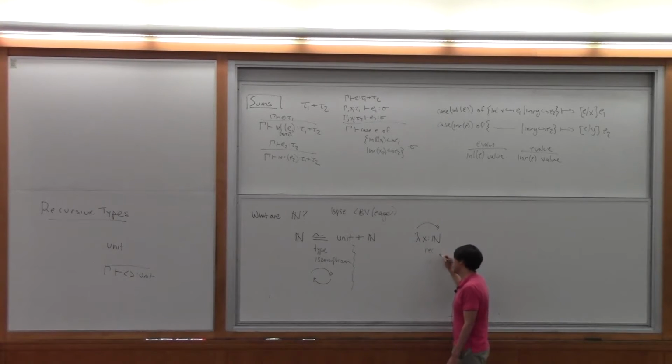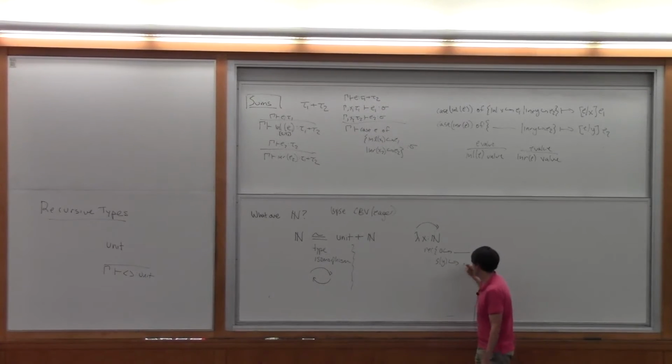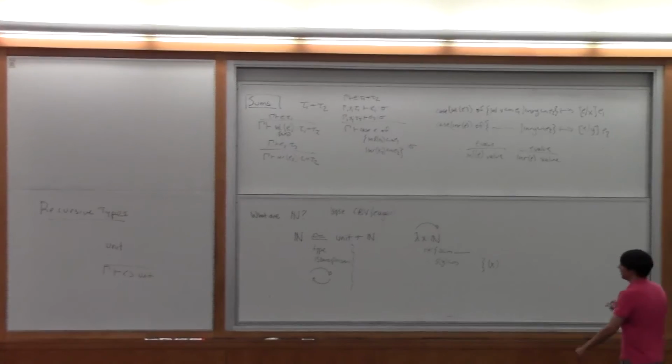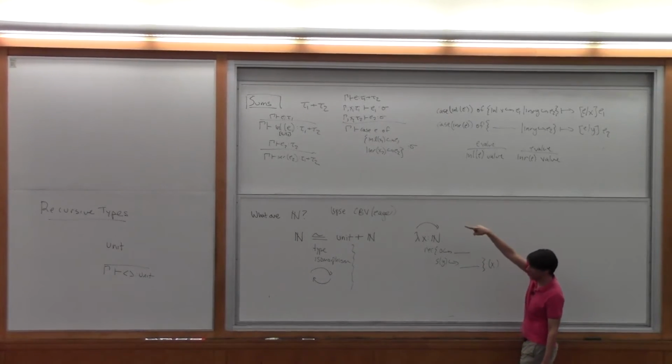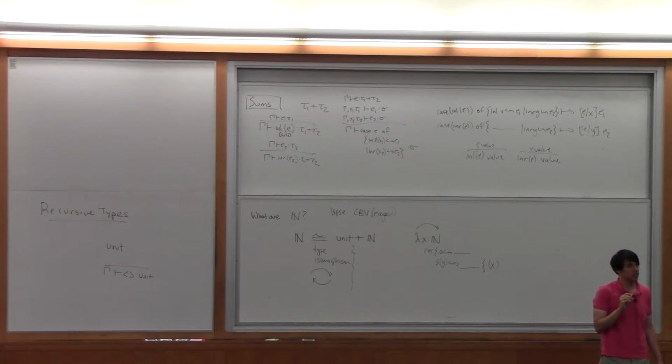Well, we can do a rec, in which case we have to send 0 to something, and we have to send successor of y to something else, maybe with the recursive call, and then we would apply that rec to x. If I want a value of type unit plus something, then what I'm going to do in each case is to do an in-left or an in-right, because those are the constructors for plus.